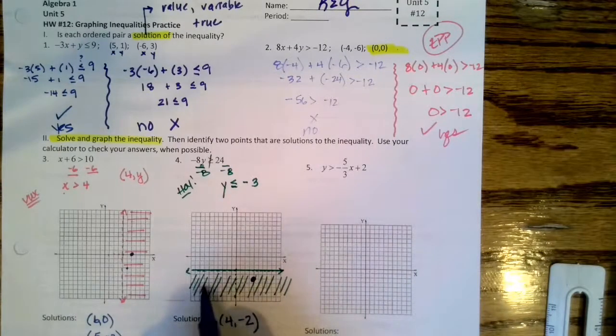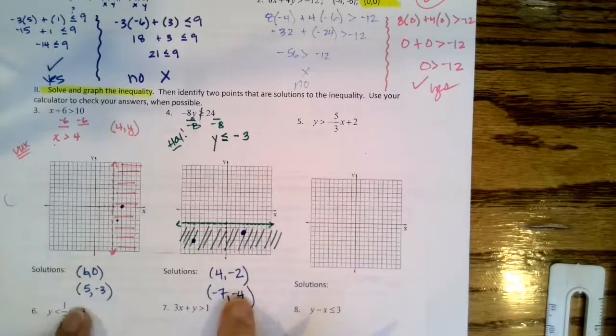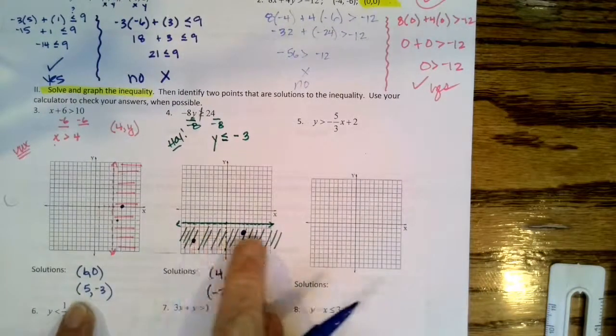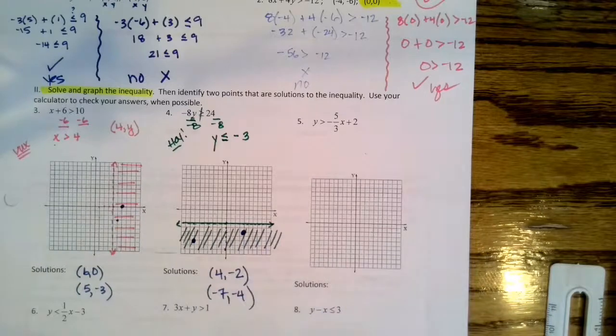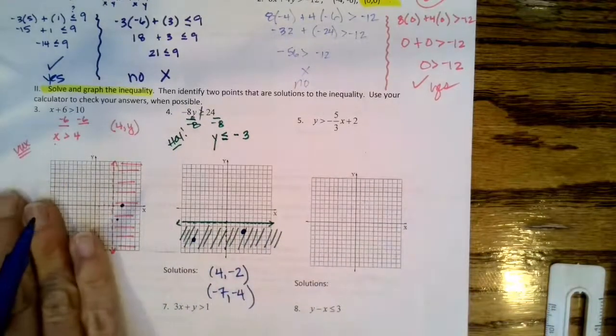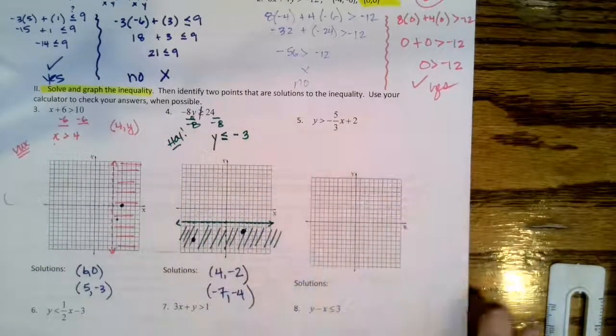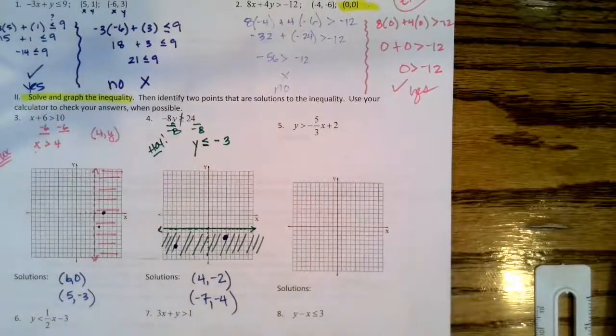I'm going to pick this one: over -1, 2, 3, 4, 5, 6, 7, down 1, 2, 3, 4. Over -7, down 4. Again, these answers could be anything that's inside of our shaded area. All right, so there's our vertical line. Here's our horizontal line.